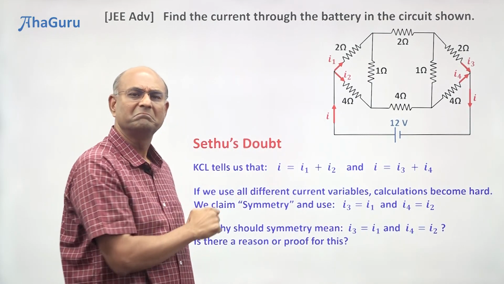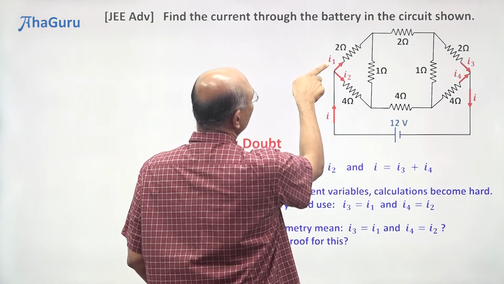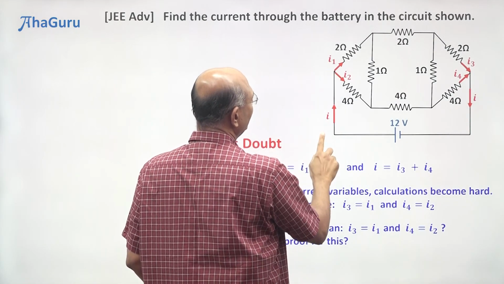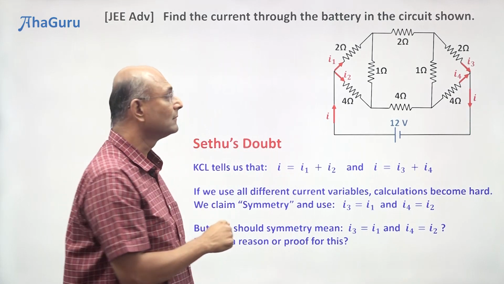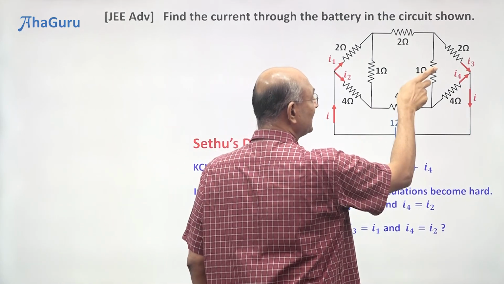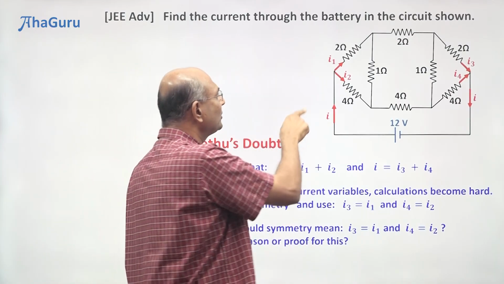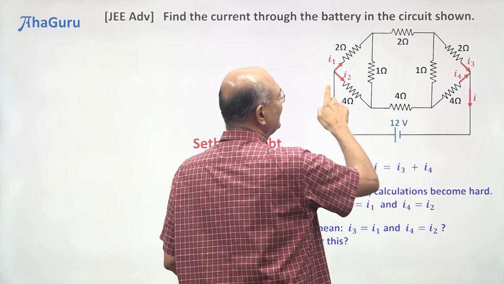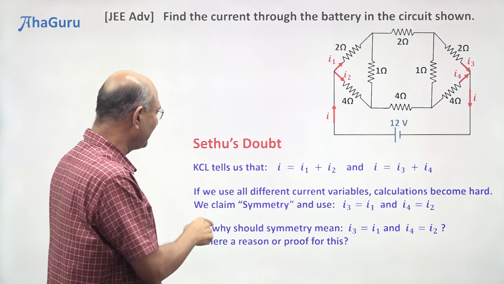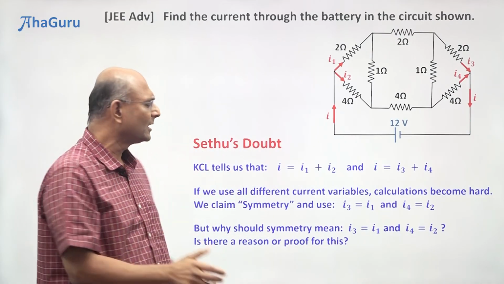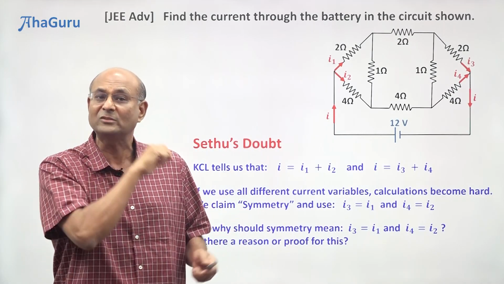For example, you can argue 3 plus 7 is equal to 10, and you can argue 6 plus 4 is equal to 10. There are so many ways in which it can add up to 10. So why should it be that I1 must be equal to I3 and I2 must be equal to I4? I know that people say symmetry implies this, but isn't there some proof for it? Is there a reason or proof?